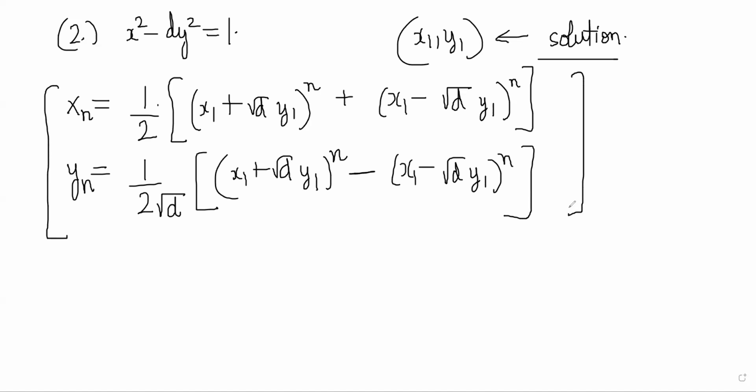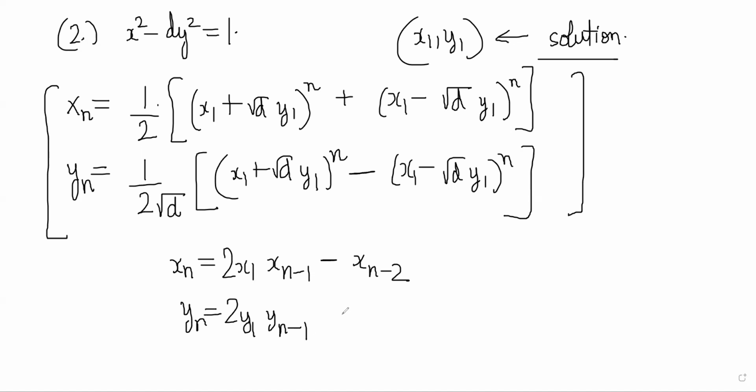Here n is an integer. And basically the recurrence that the solutions follow is this. x n is equal to 2 x1 x of n minus 1 minus x of n minus 2. And y n is equal to 2 y1 y of n minus 1 minus y of n minus 2.